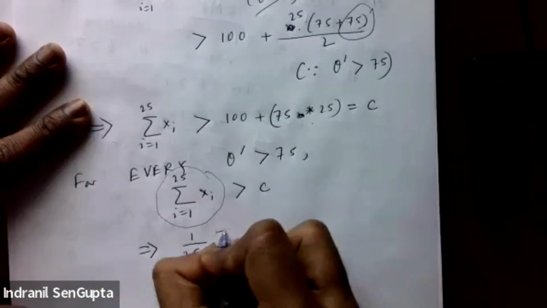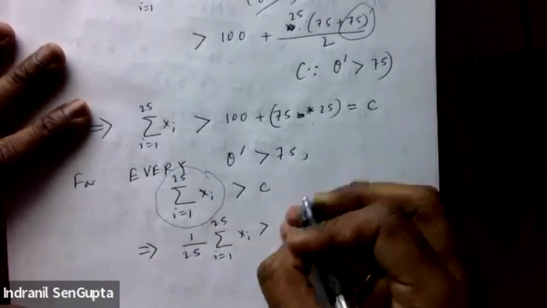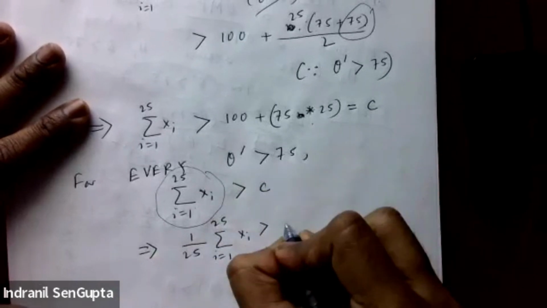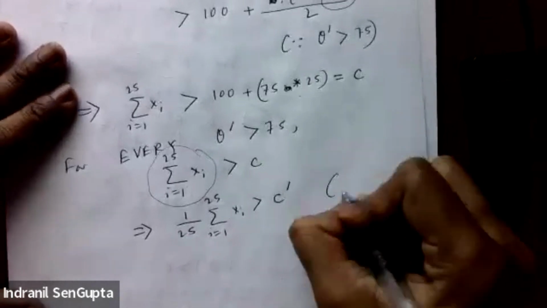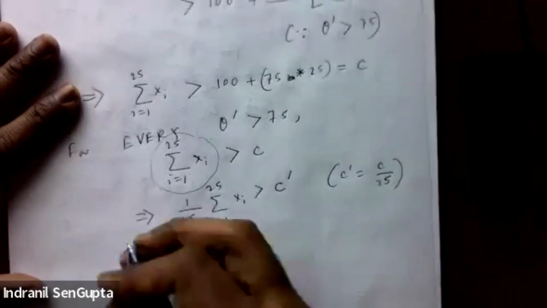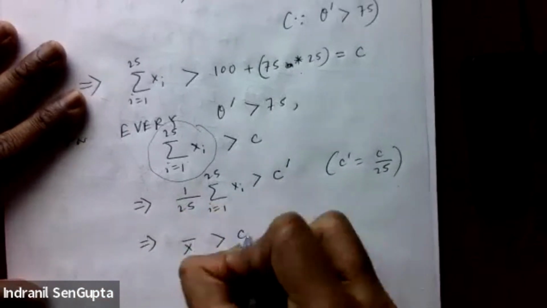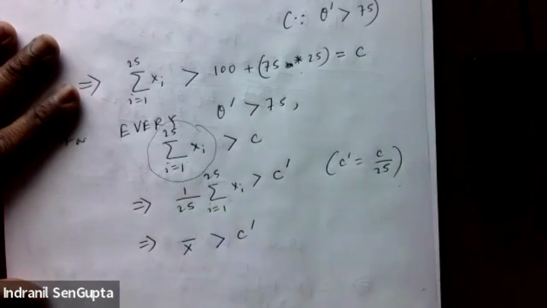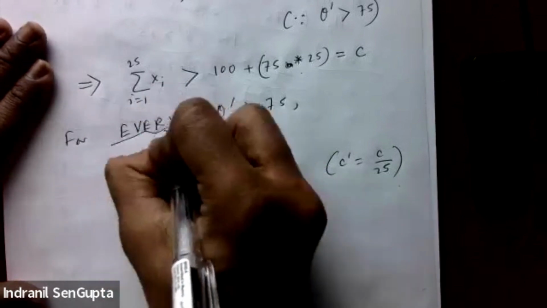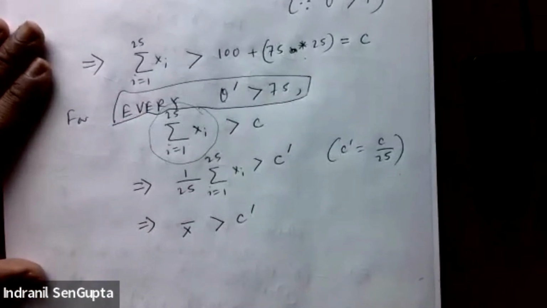If I divide by 25, xi is bigger than c over 25. That's always another constant, so let's call it c prime, where c prime is c over 25. So my x bar is bigger than c prime, and this is true for every theta prime bigger than 75.